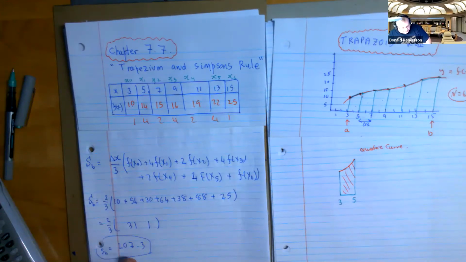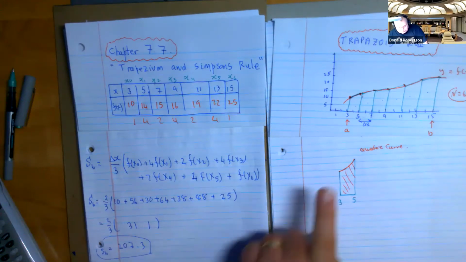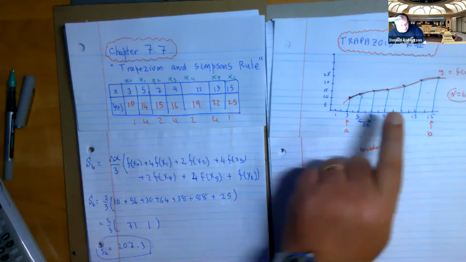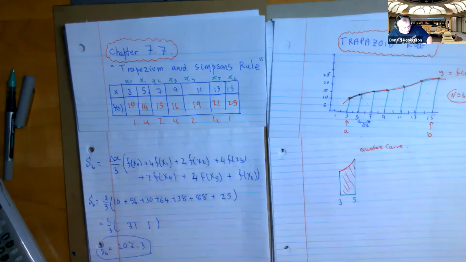Of all the different estimates that you can use for the area under this curve, whether it's from a table or a graph, this fella here, this 207.3, will typically be the best, most accurate answer you're going to be able to get for 6 strips. Now, there is a fair amount of magic going on here. And I'm just telling you this is the formula and this works, right?